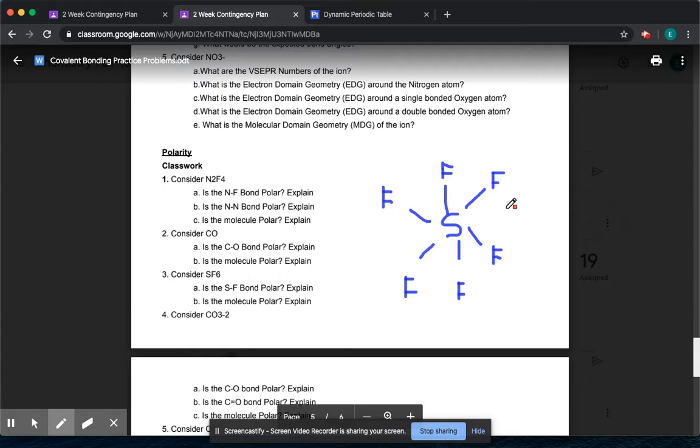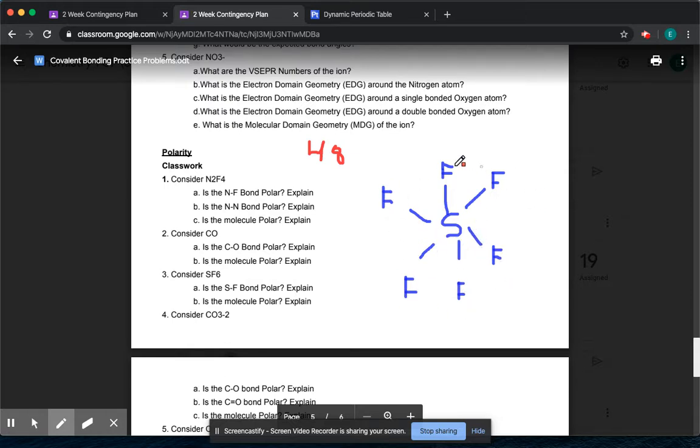You get 7 from each fluorine. So 7, 14, 21, 28, 35, 42, and then you get 6 from the sulfur. 42 plus 6 equals 48 electrons in our bank. And for the sake of time, if we put all the dots on the fluorines, you'd have 8, 16, 24, 32, 40, 48.